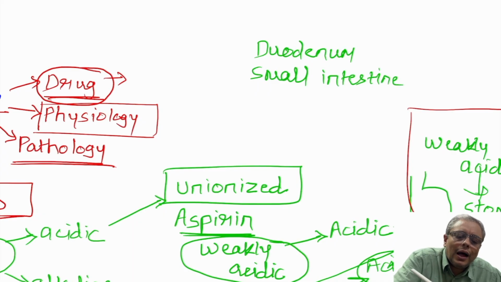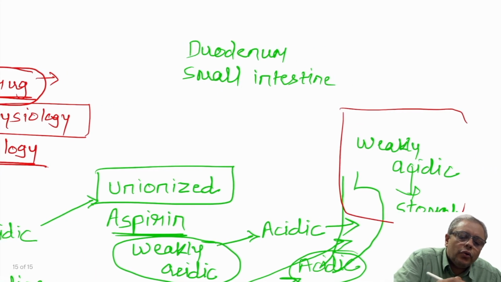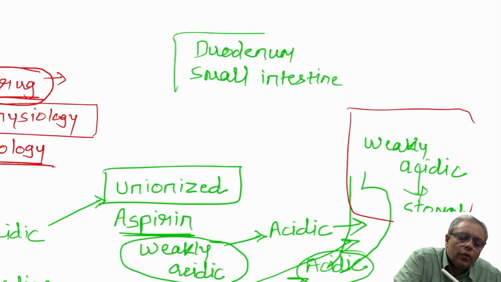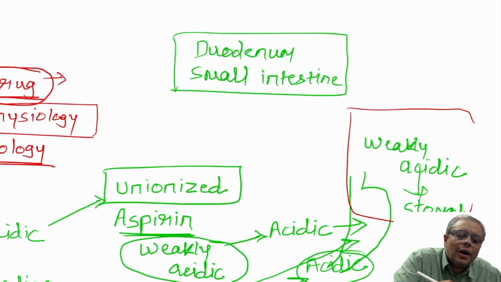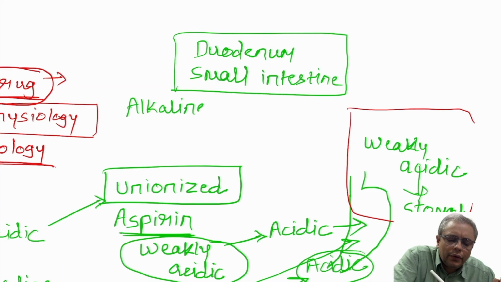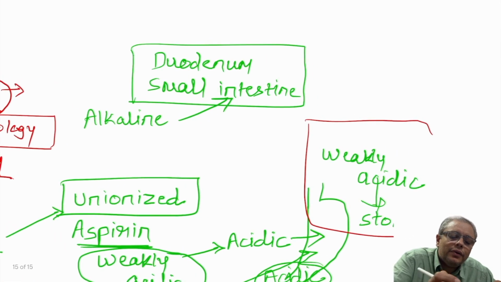So if the alkaline drugs enter into the duodenum and the small intestine, because of its alkaline pH, these drugs will remain unionized.